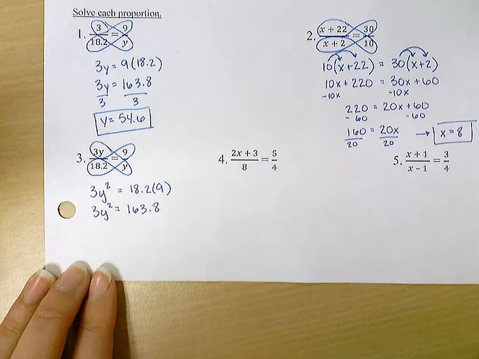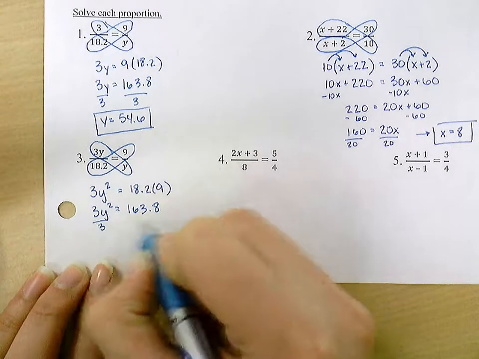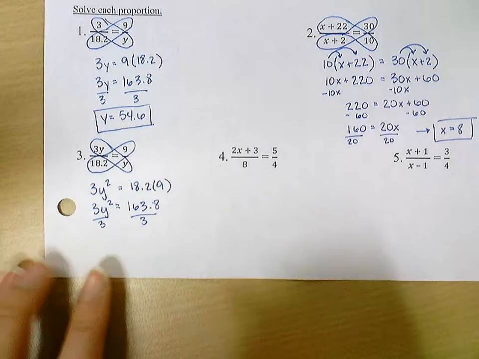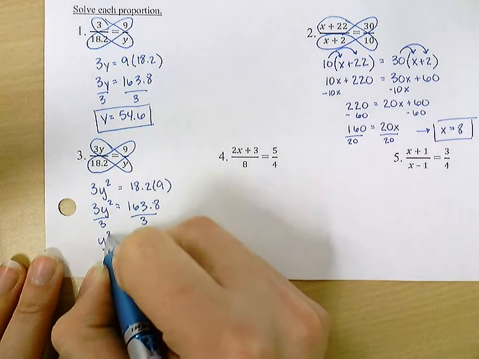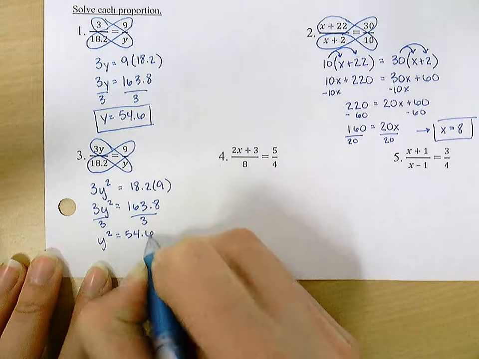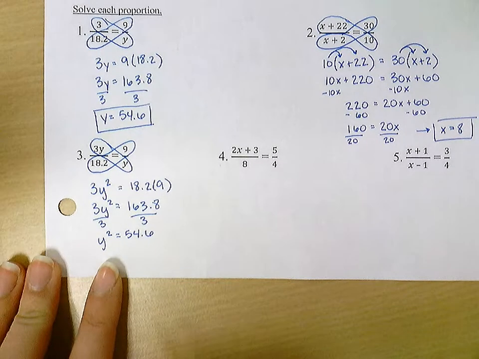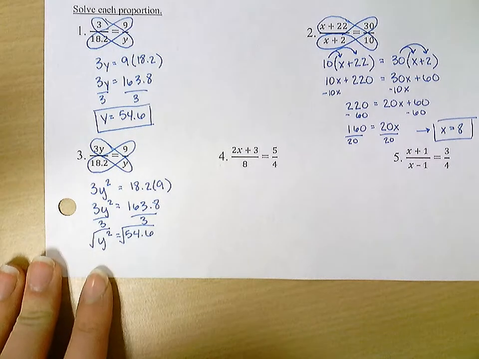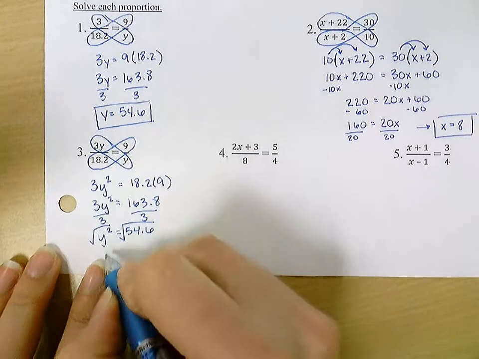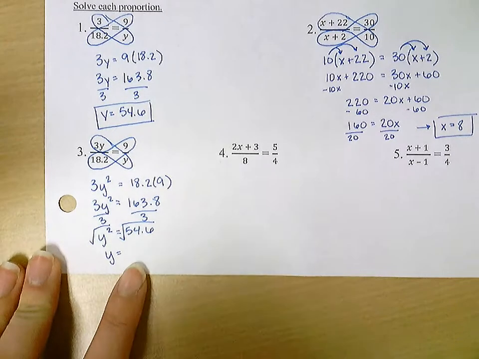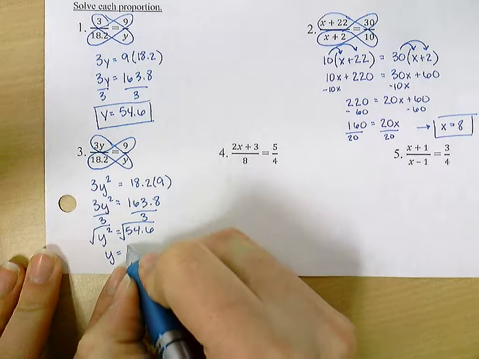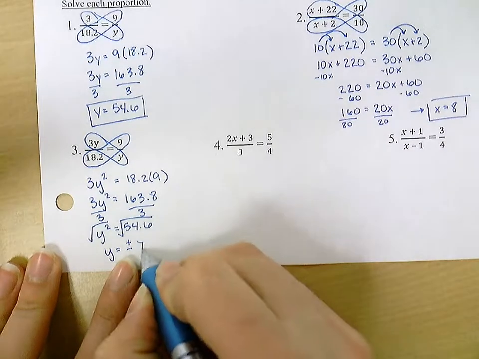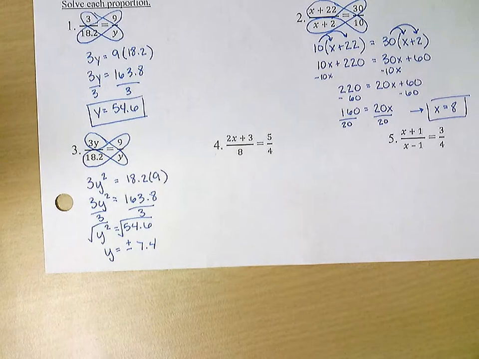You divide by 3 first, and then you square it. Okay, so divide by 3 first. And then I can take the square root of both sides. Okay, when you do that, you end up with plus or minus 7.4.